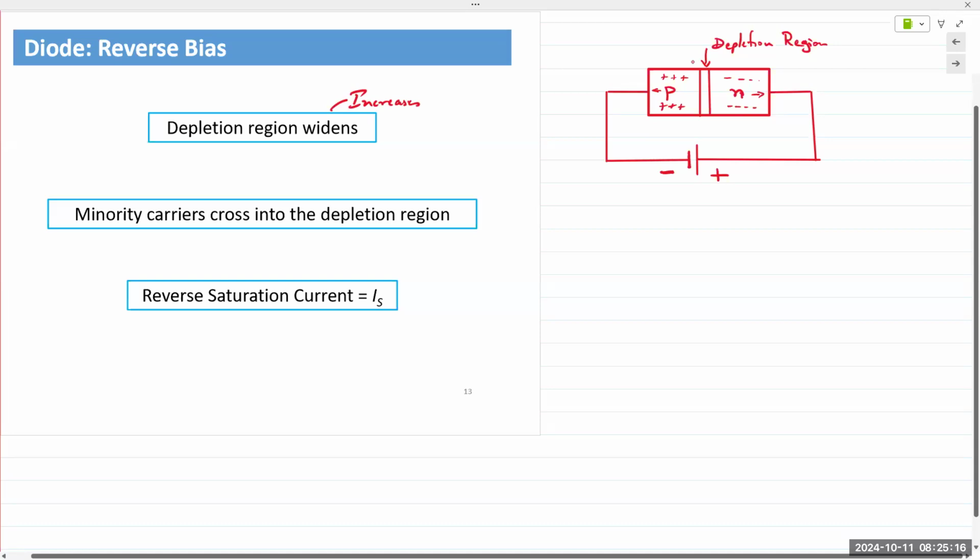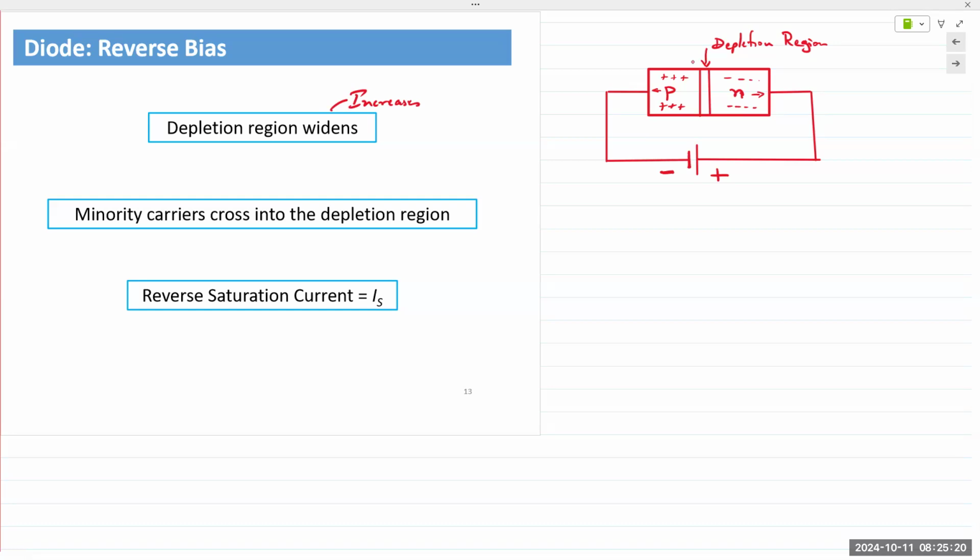There are still minority carriers crossing the junction. That is always going to be true. And so IS, the saturation current, is always present. Minority carriers will be going through. As a reminder, in the P-type material, the electrons are the minority carrier, and in the N-type material, holes are the minority carrier.